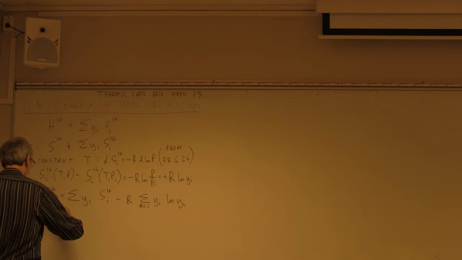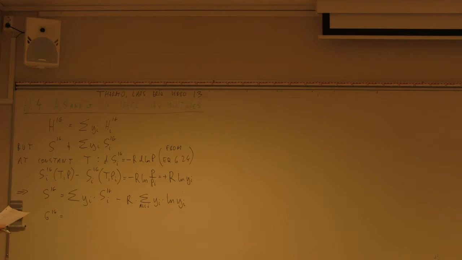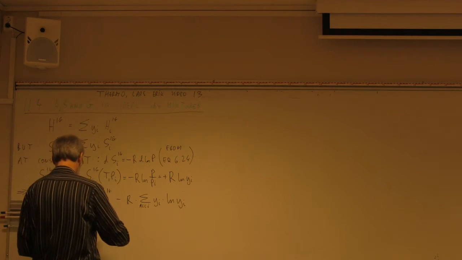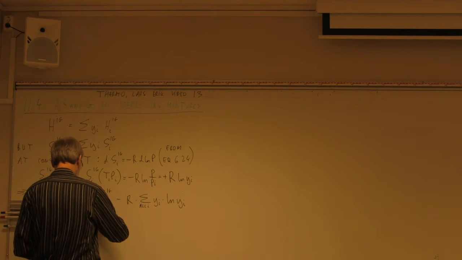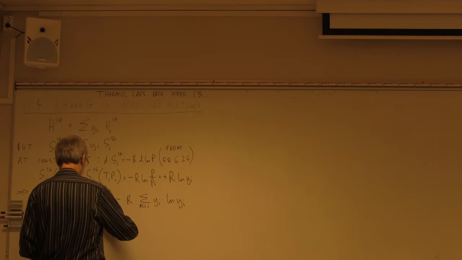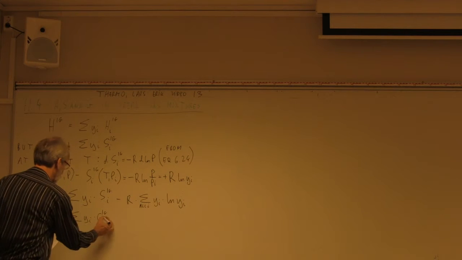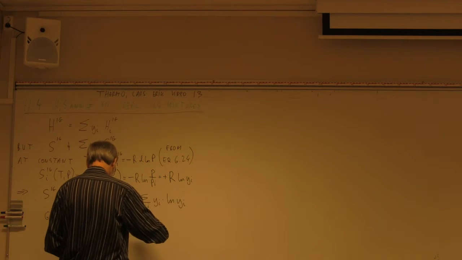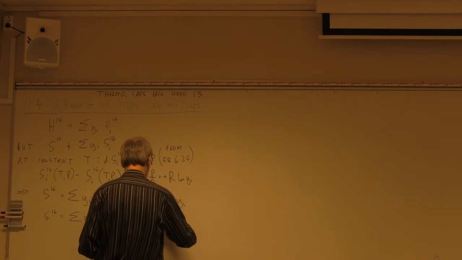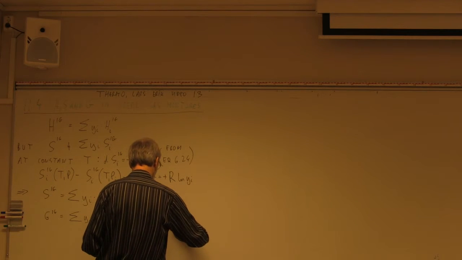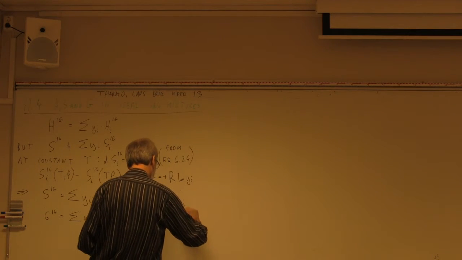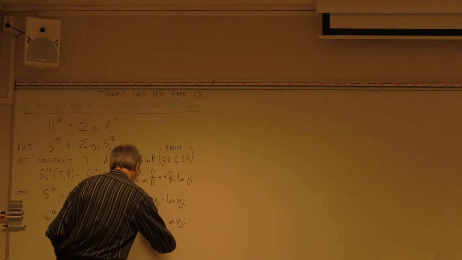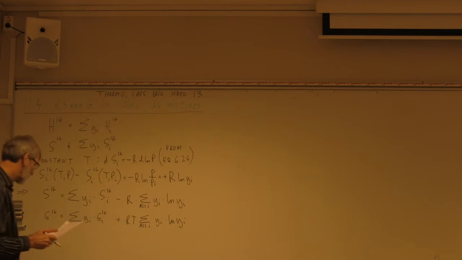And the ideal gas Gibbs free energy can then be expressed by the mole fraction times the ideal gas free energy plus RT times the sum of the mole fraction times the logarithm of the mole fraction for all components.